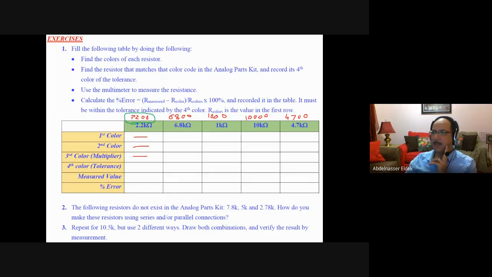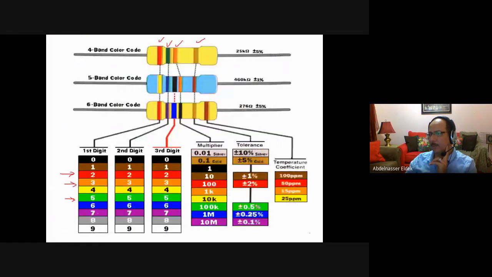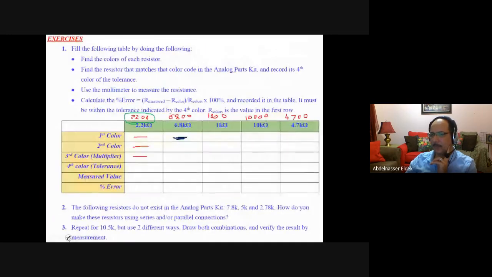And then second one, 6, 8, 0, 0. So first color is 6, 6 is blue, and 8 is gray. If we go back to this one here, see 8 is gray. So let's go to this one. I hope that I can find the gray. There's no gray. But anyway, let's try gray here. And the third color is red.